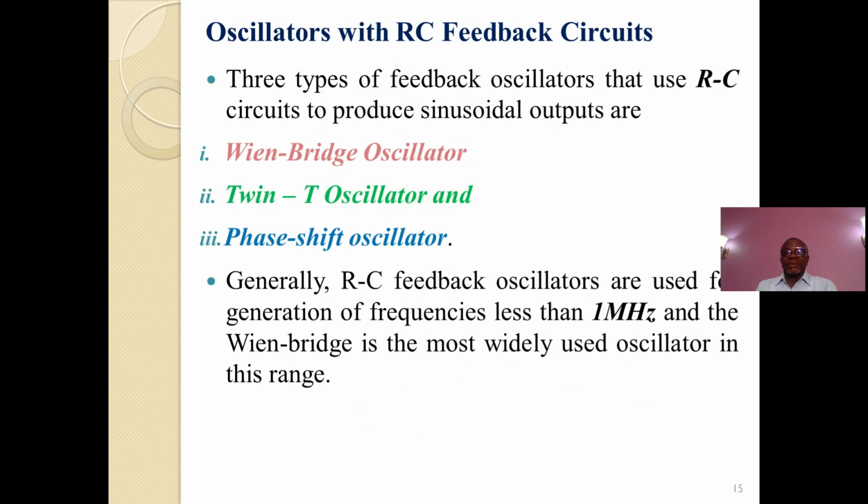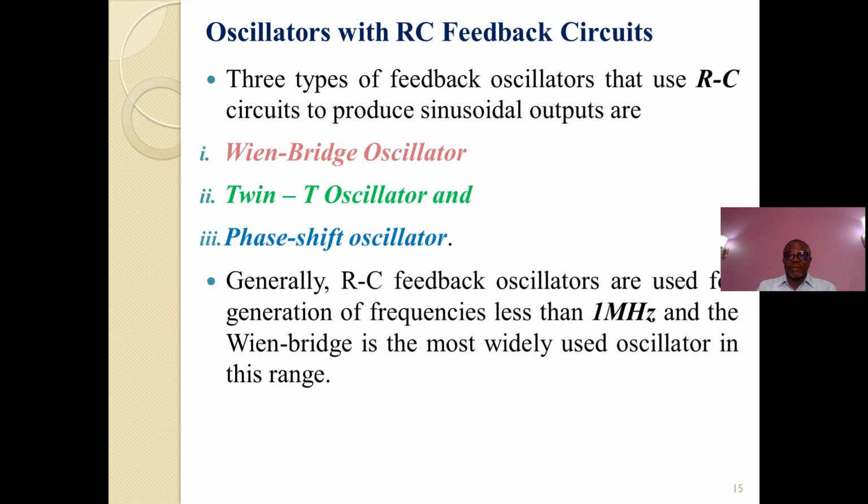So the oscillators with the RC feedback circuit that can maintain that operation include the Wien bridge oscillator, the twin T oscillator, and the phase shift oscillators. Generally, the RC feedback oscillators are used for generation of frequencies less than 1 megahertz.